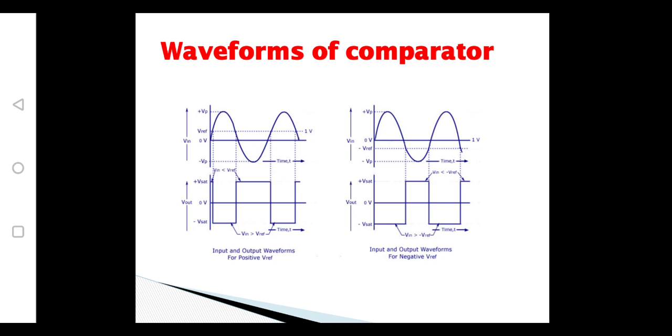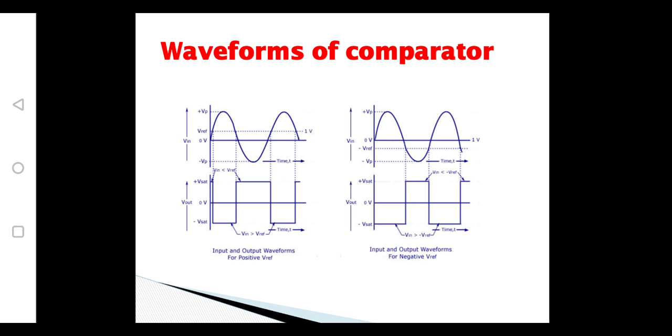So here, when the input is greater than the reference voltage, the output value is equivalent to 0. That itself says that it is a waveform for an inverting comparator. Similarly, if we observe the second figure, instead of a positive reference, here we have given a negative reference.